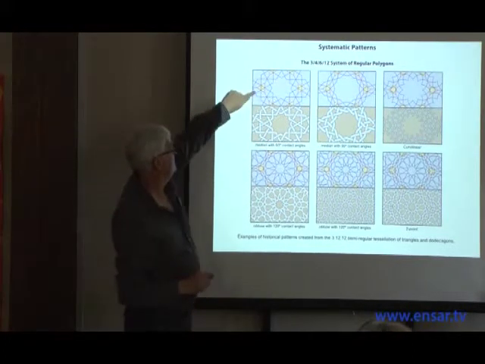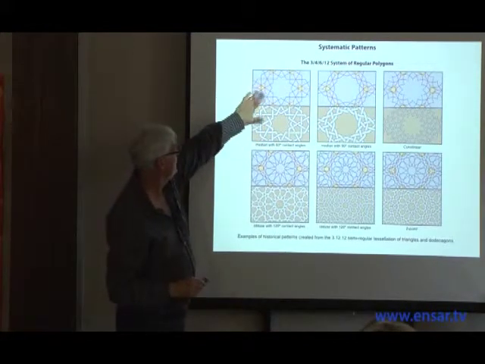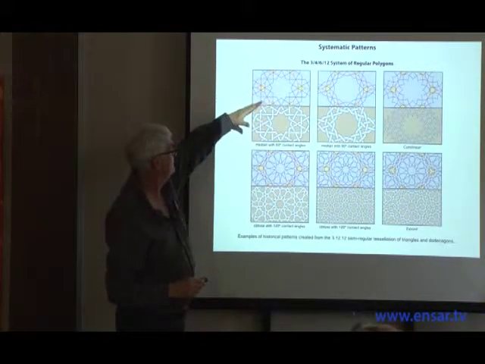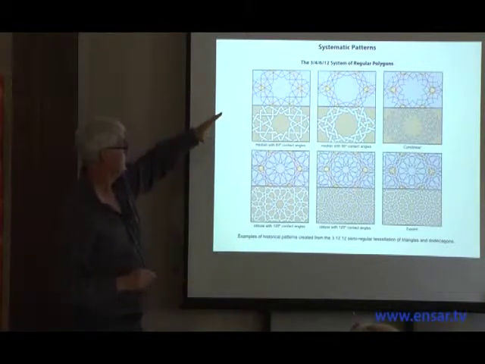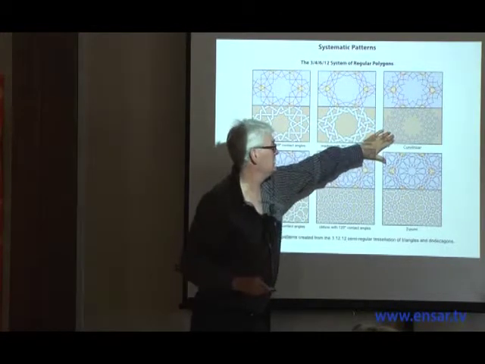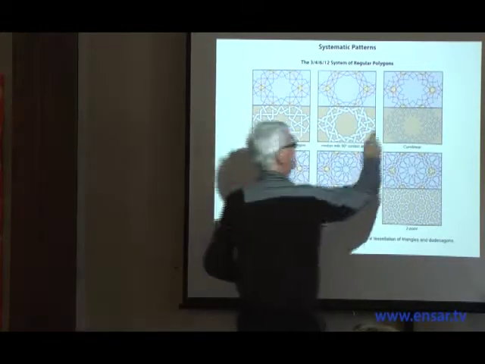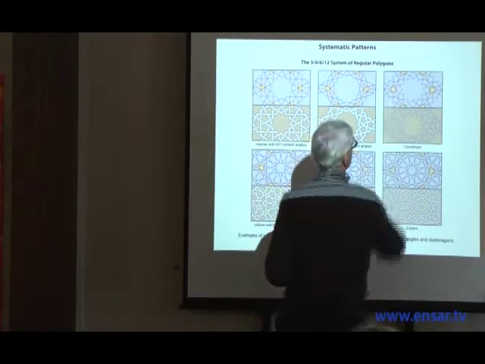It's made so simply, and it's isometric. It repeats with triangles or hexagons, depending upon where you measure from. And a very well-known piece from a Mamluk manuscript where it's been applied with curved, curvilinear lines.